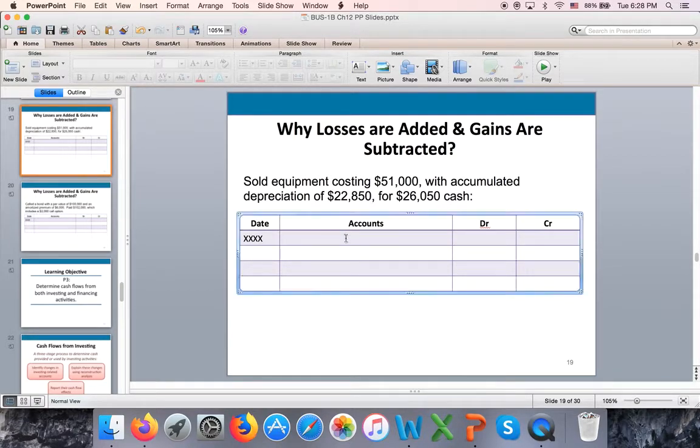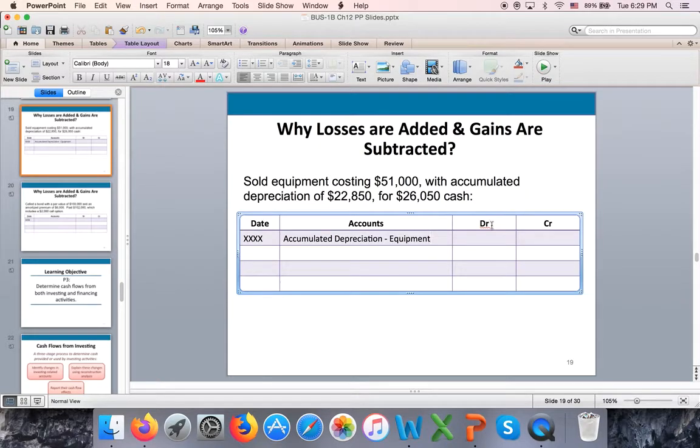I'm sure it was a while ago. So I need to take off my books equipment and accumulated depreciation. So I'm going to offset accumulated depreciation for that equipment. I want to remind you that accumulated depreciation is a contra asset.